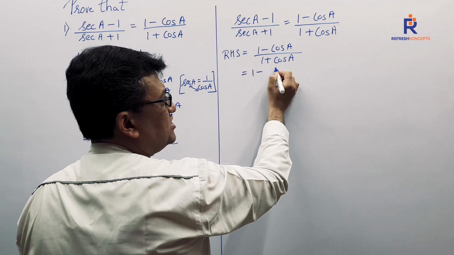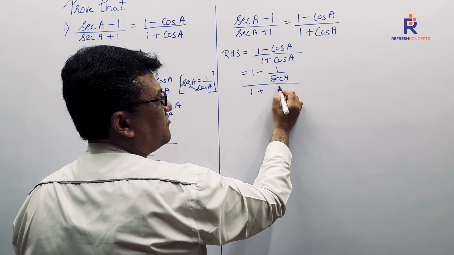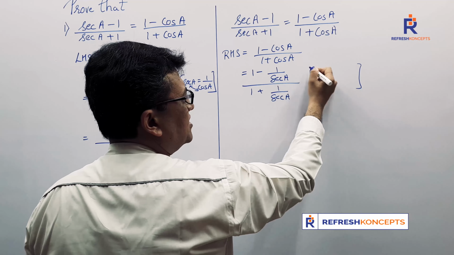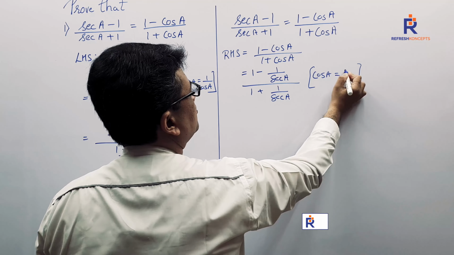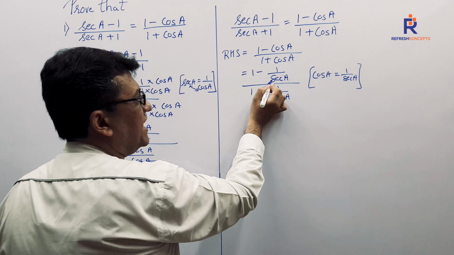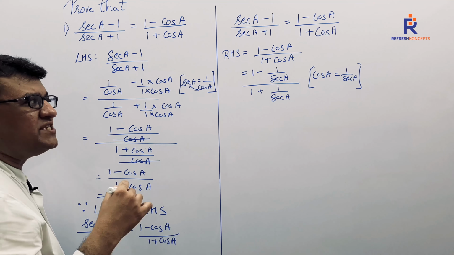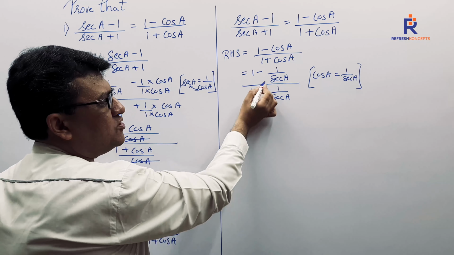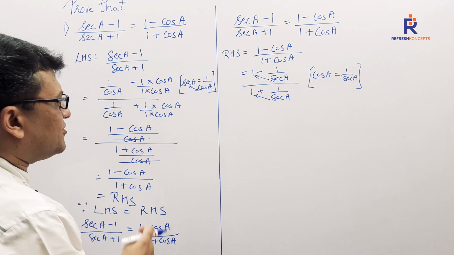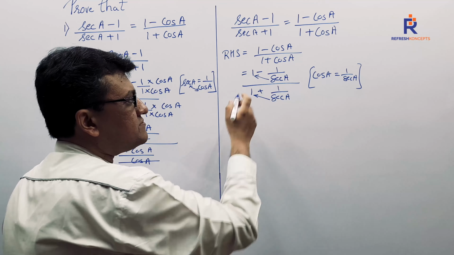So 1 minus, instead of cos A, 1 by sec A; here also 1 plus 1 by sec A. Same relation, with a minor change: cos A is equal to 1 by sec A. Again the LCM. I just made you understand how we take the LCM, so henceforth I won't be explaining it step by step. I hope children of class 10 will be able to understand.